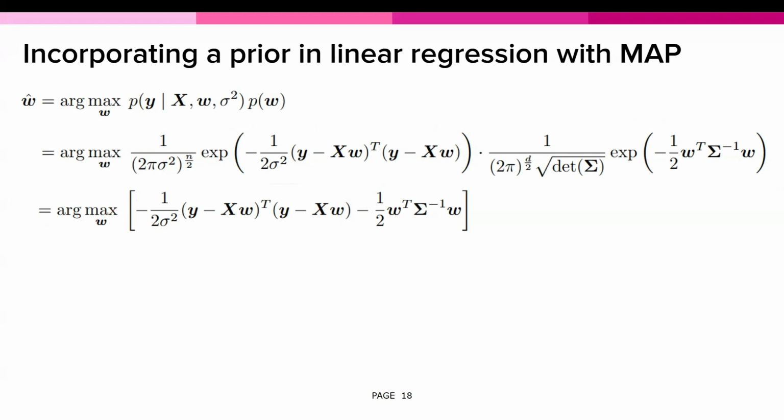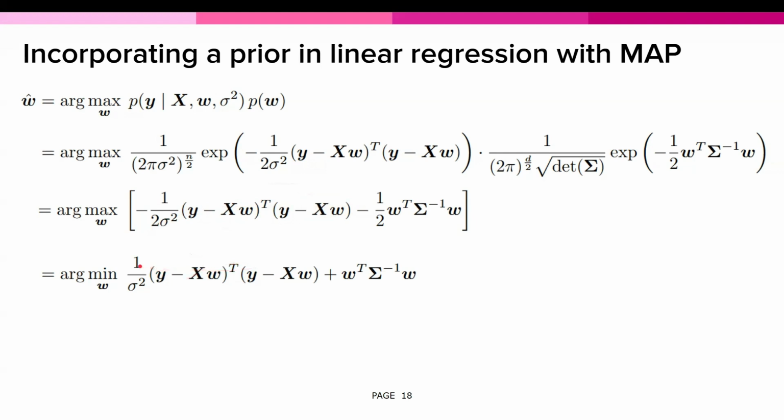I've also omitted some constant scaling factors that won't change the position of that maximum. Okay, and so that brings us to this expression here. In this fourth line, we were maximizing a sum of two negative quantities, and now we're going to minimize the sum of two positive quantities, multiplying through by two because that appears in both places.